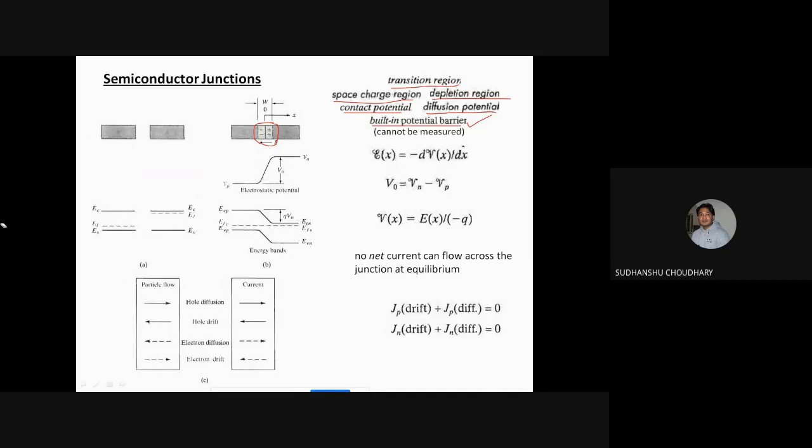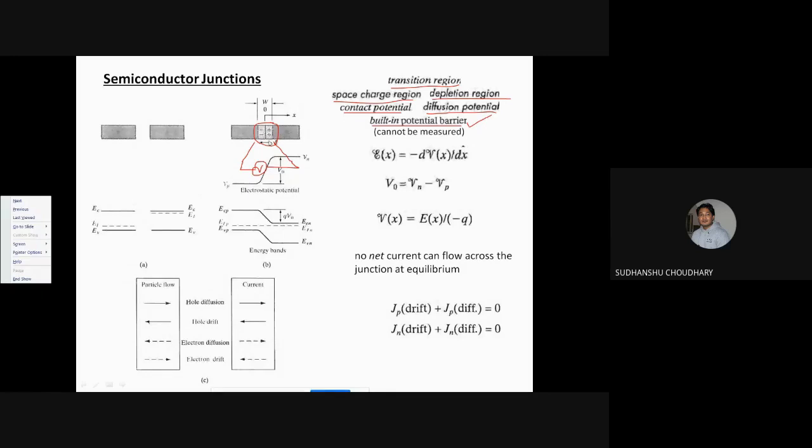This built-in or barrier potential cannot be measured either. If somebody tries to put a probe across this region and attach a voltmeter to measure the built-in potential, that is not possible, since this is not an actual real potential; it is created because of the diffusion of carriers.